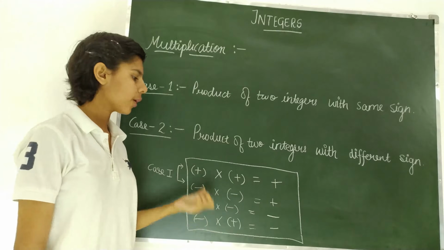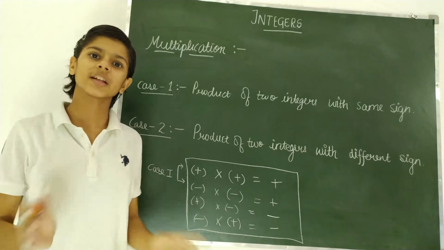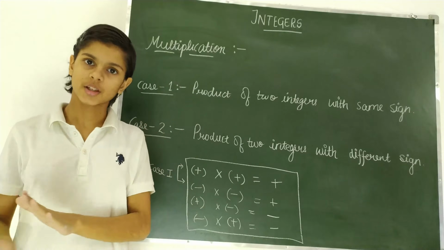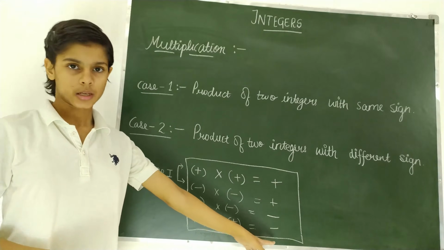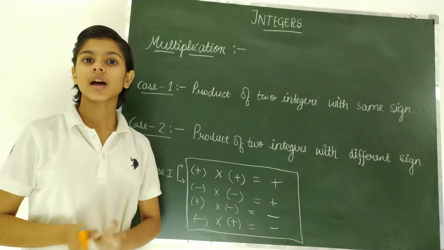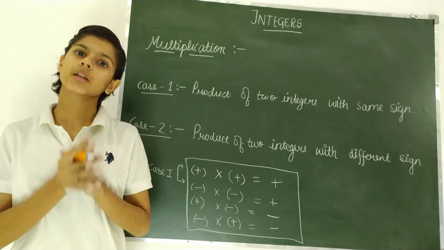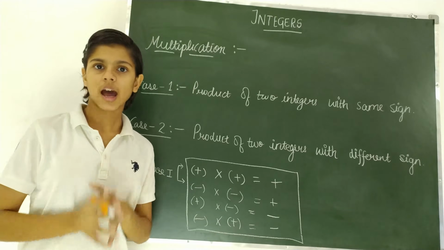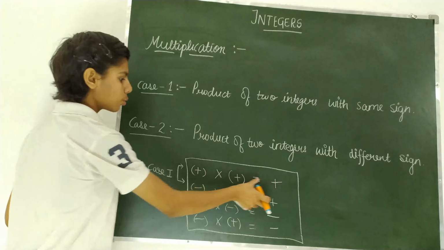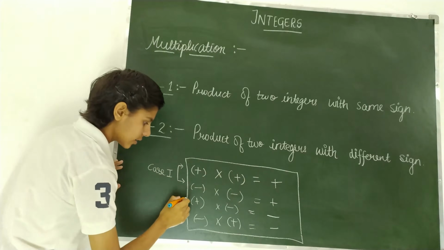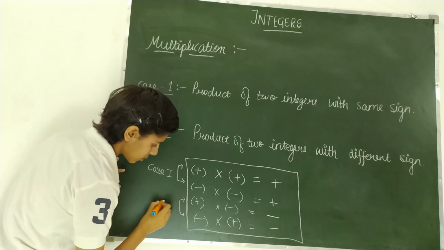This shows that if two numbers are having different sign, either positive at the first or negative at the first, the answer will come negative. And if both the numbers are having same sign, either positive or negative, the answer will always come positive. So these two cases show the same sign, and these two different sign.